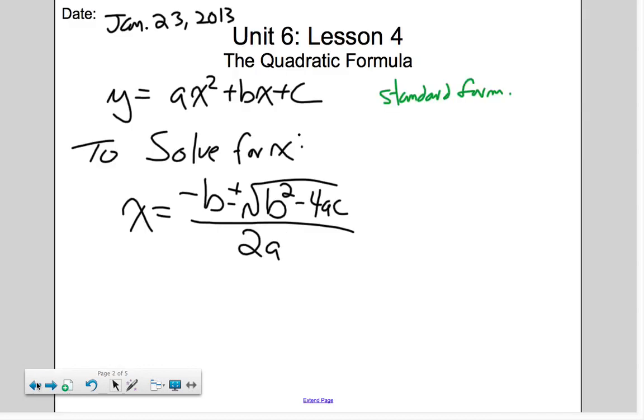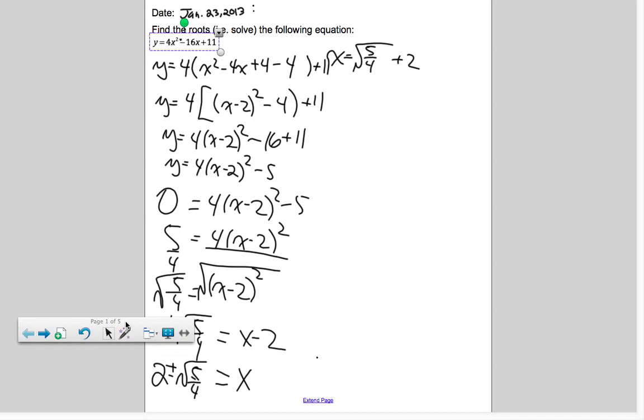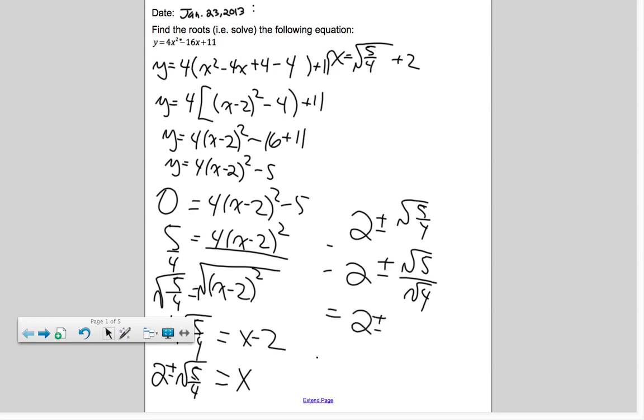Previous answer was 2 plus or minus the square root of 5 over 4. Really, this is the same as 2 plus or minus the square root of 5 over the square root of 4, which is equal to 2 plus or minus the square root of 5 over 2. We got the same answer, right? Just that here I stuck the whole fraction in the square root.